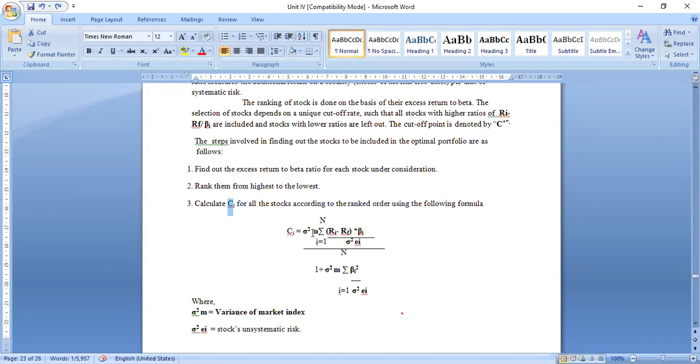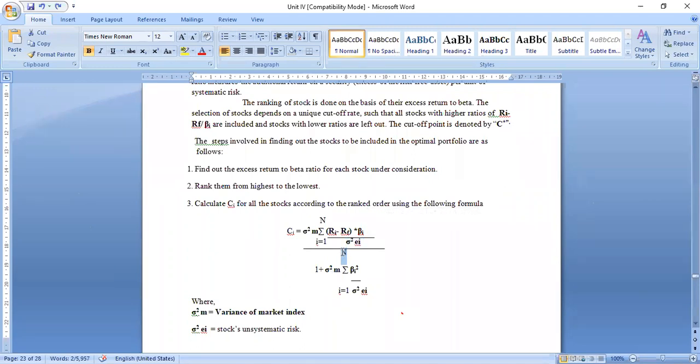Here you have the variance of market index, and the summation of Ri minus Rf divided by residual variance into beta i. So we first find Ri minus Rf divided by beta, where we calculate the excess return to beta, and then we use another column, that is Ri minus Rf into beta divided by residual variance, divided by n, then the whole divided by 1 plus.